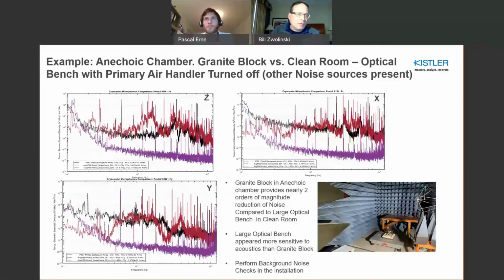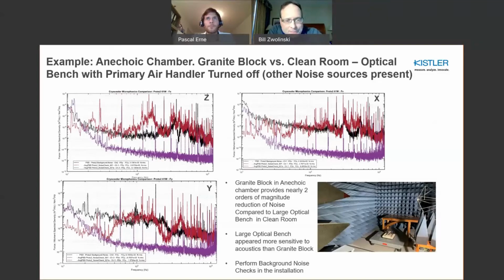So this gives a little bit of a picture on this noise issue or acoustic noise. This was a test done at a lab where the plan was to do an exported force and moment test in a clean room. And the clean room itself had a huge optical bench.